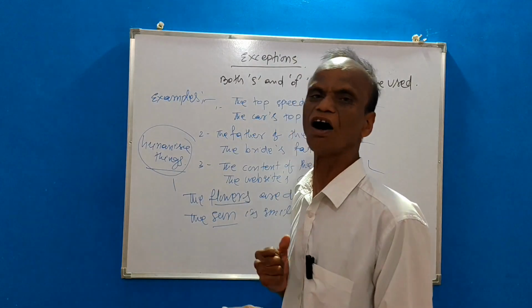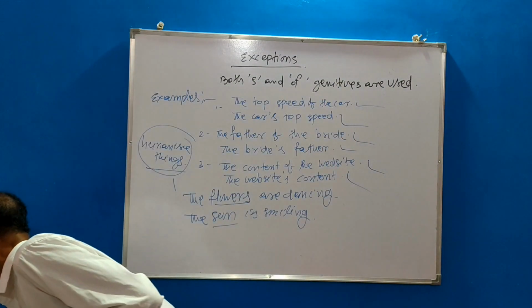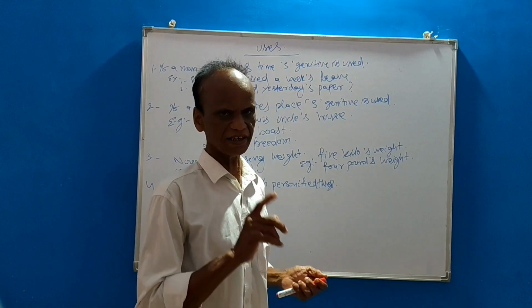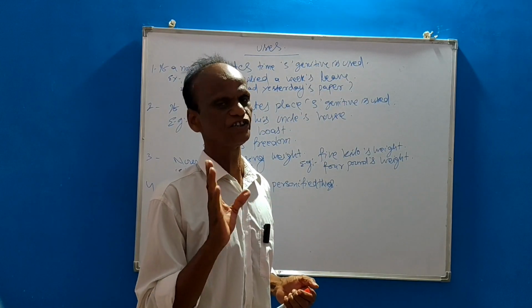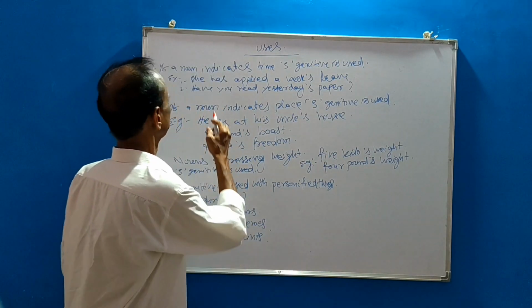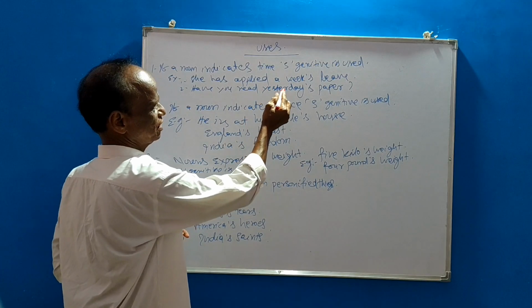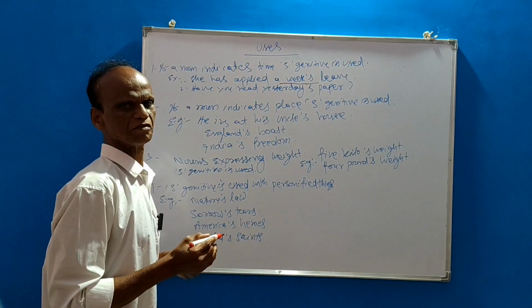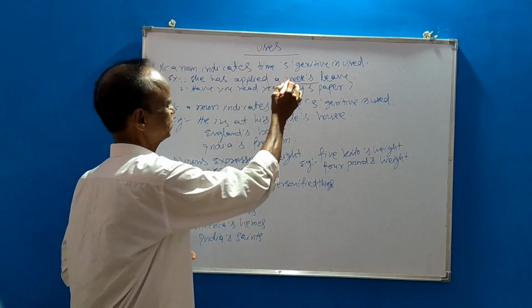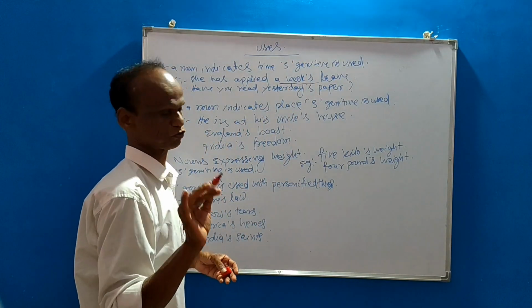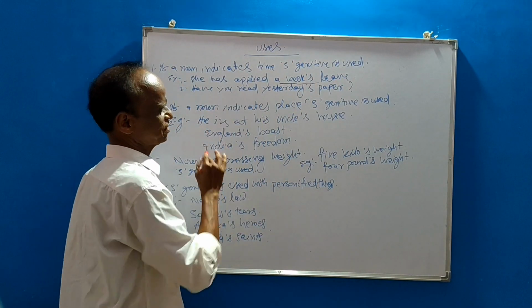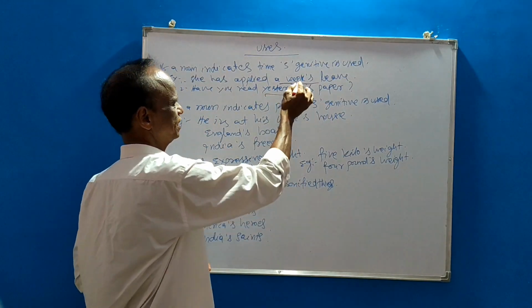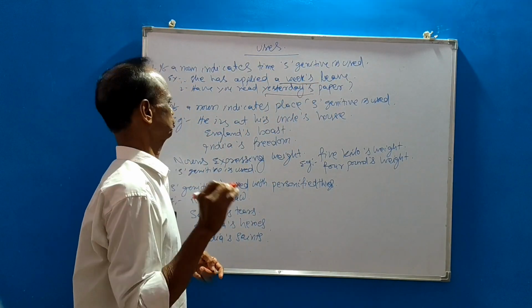Next, uses of genitive form of noun. If a noun indicates time, S genitive form of noun is used. For example, she has applied for a week's leave. Have you read yesterday's paper?